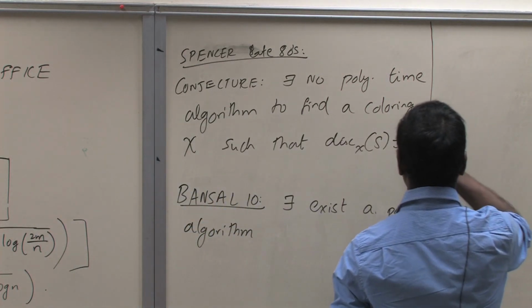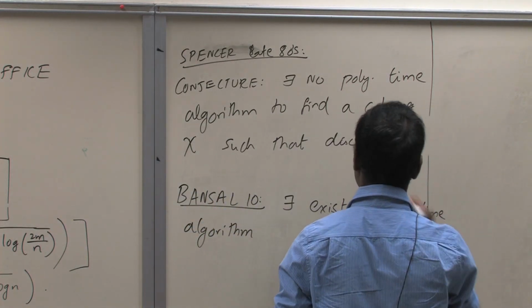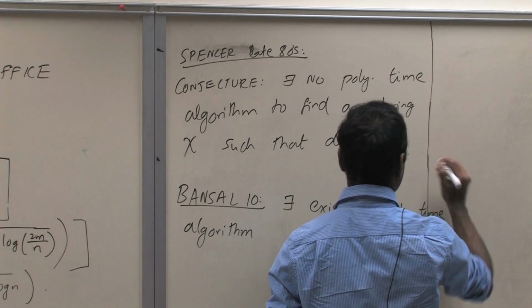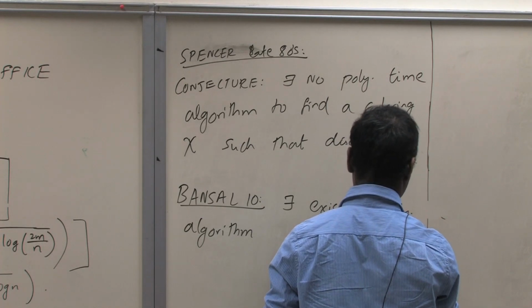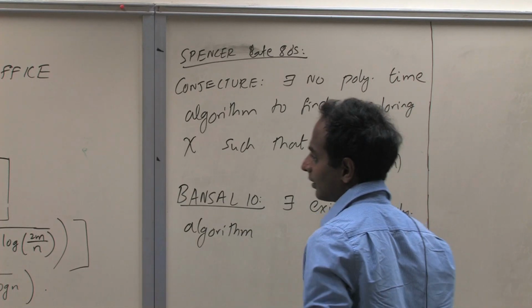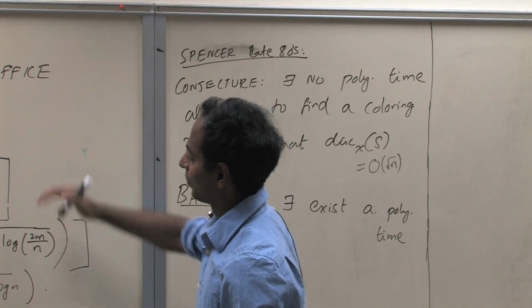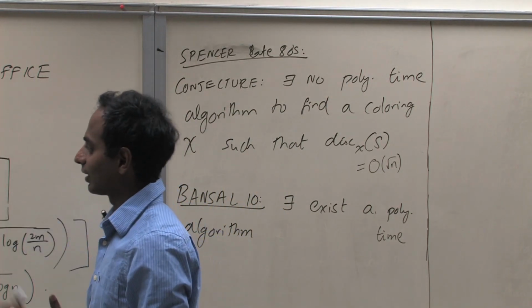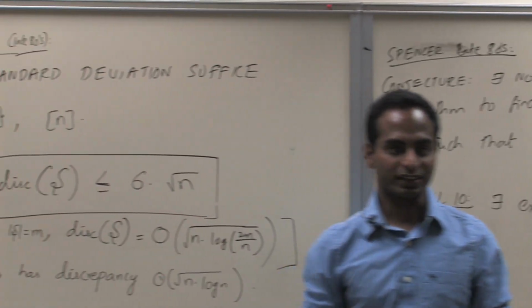Okay. So let's recall what we want to show. We have a set system with n sets, and we want a coloring with discrepancy O of root n.